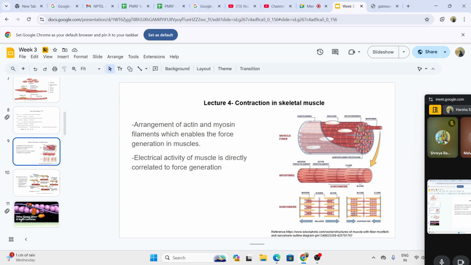In this figure it's not written, but you remember actin and myosin are connected to the Z line by the structures called titin. Okay.